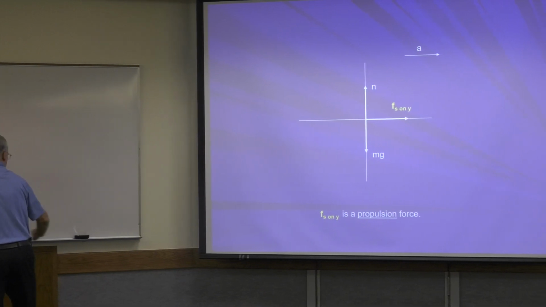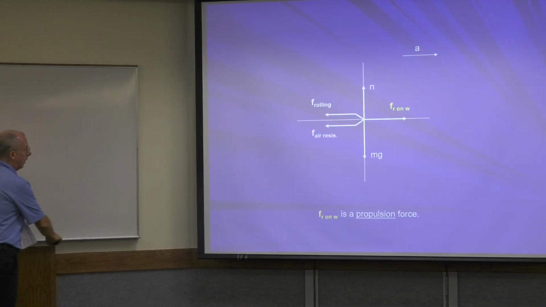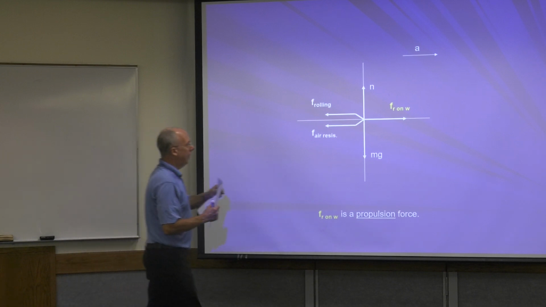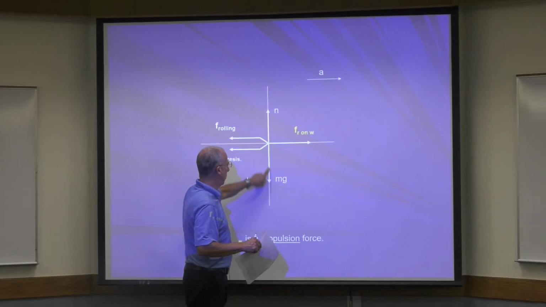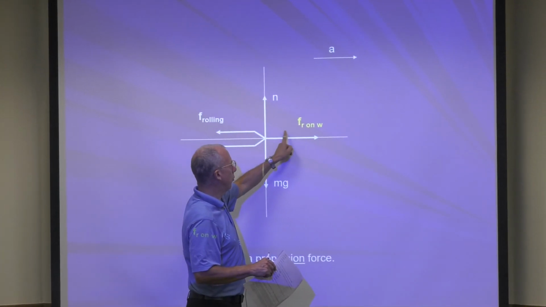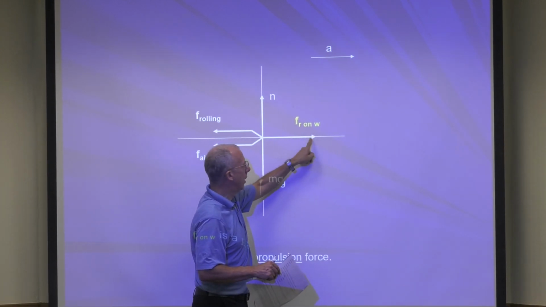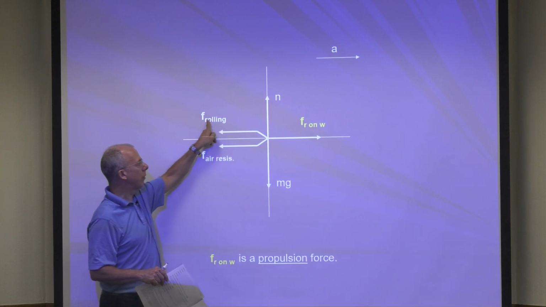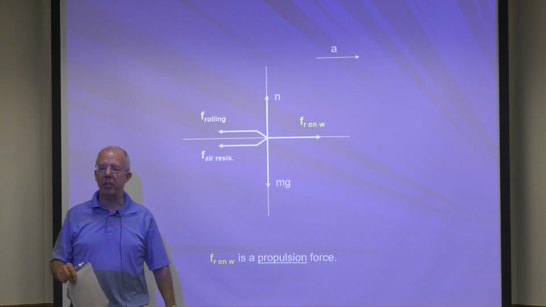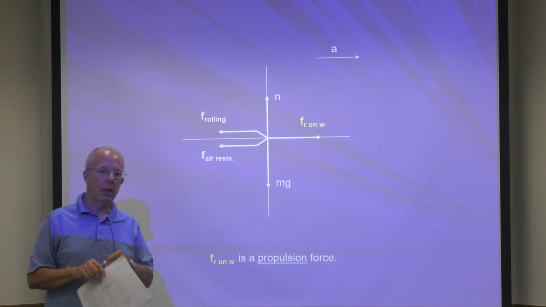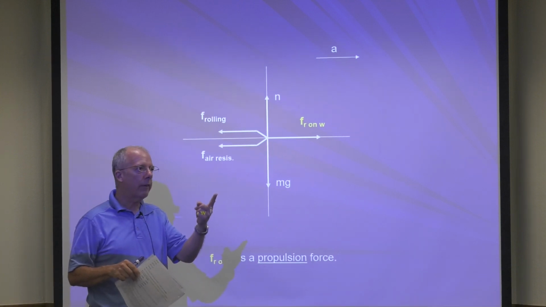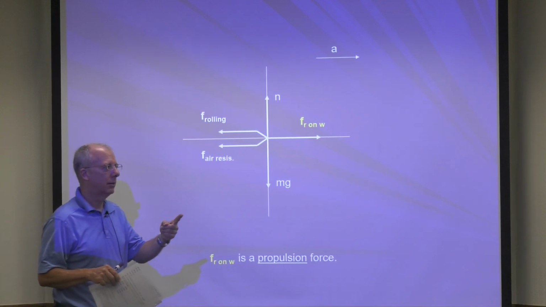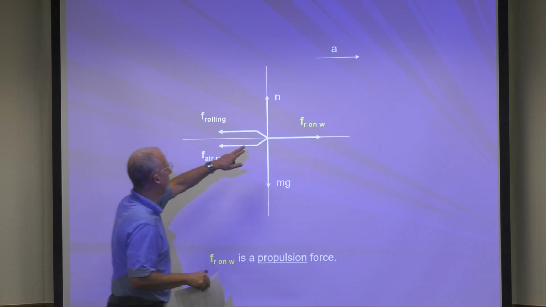Okay, we're back. So here you go. You have the normal force, you have the weight, the force of the road on the wheel or tire, and then what do we have against us? We have air resistance, but also we have rolling friction.